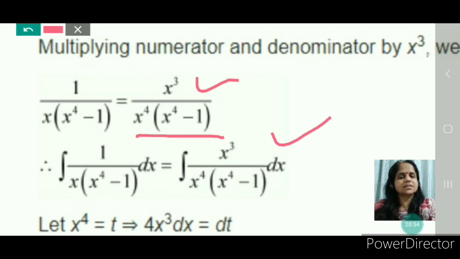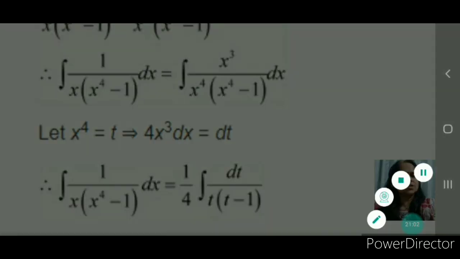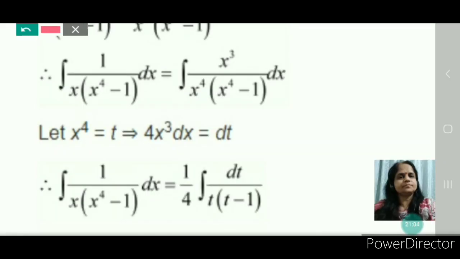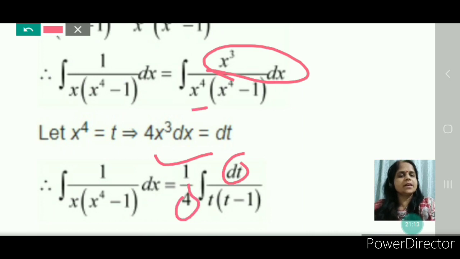Substitute x raised to 4 is equal to t. So you will get 4x cube dx is equal to dt. Now our question changes to 1 by 4. Here student, x cube dx is dt by 4, and x raised to 4 is t, and x raised to 4 minus 1 is t minus 1.